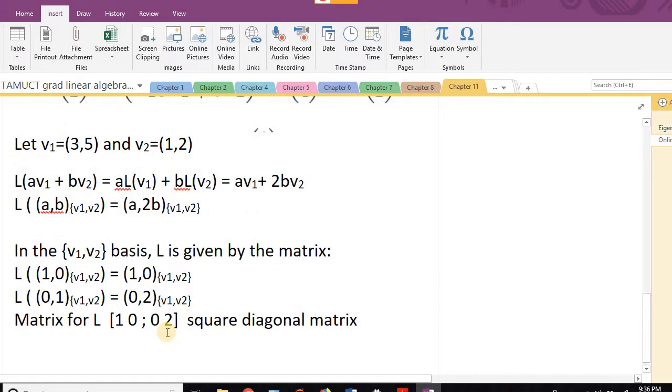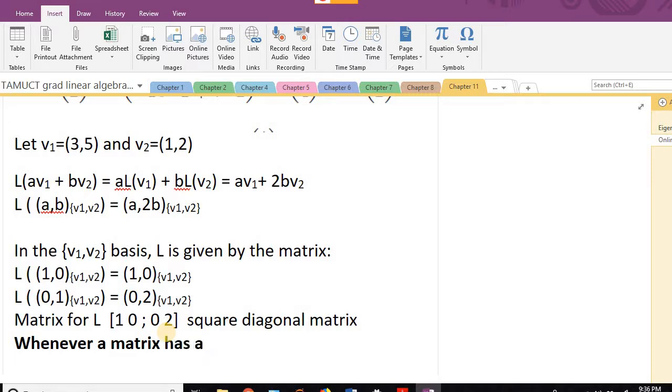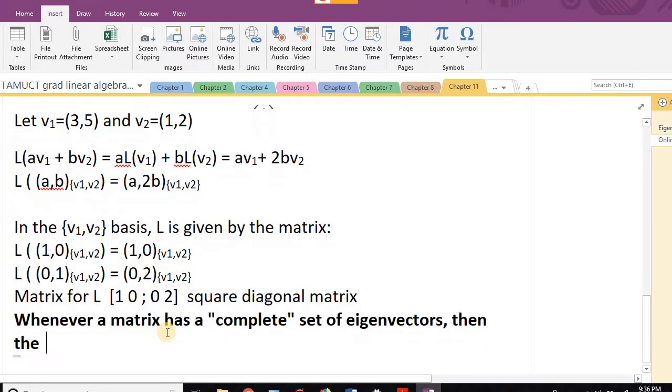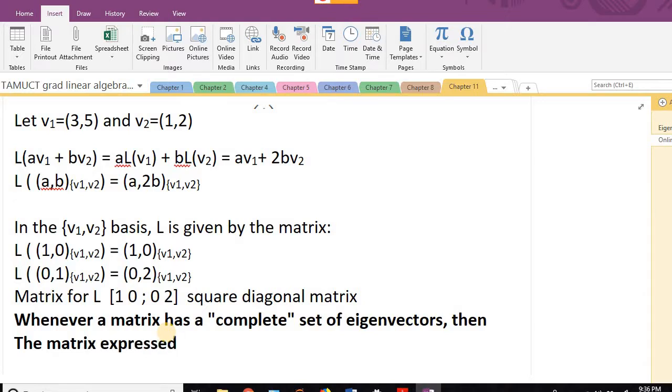So what we're saying is that whenever a matrix has a complete set of eigenvectors, then the matrix expressed in the eigenvector basis is diagonal.